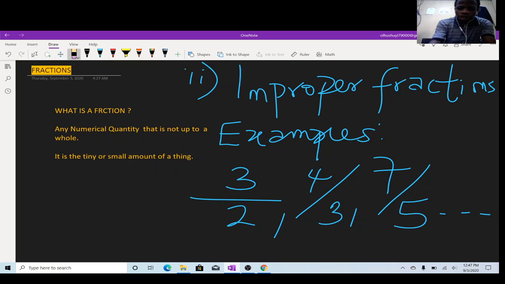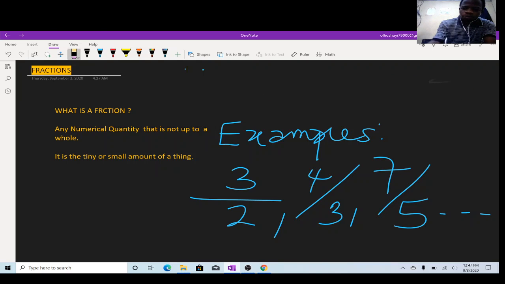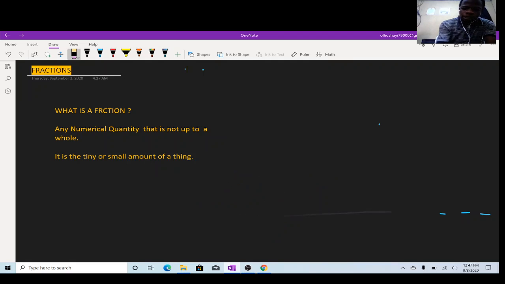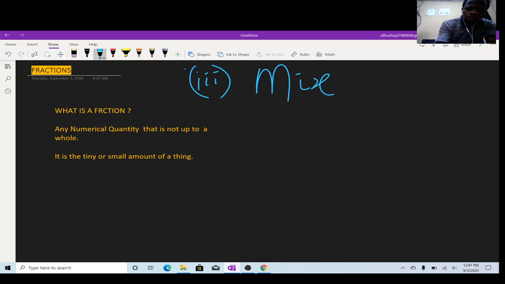Lastly, let's go to the last type of fraction. We have what we call mixed numbers.